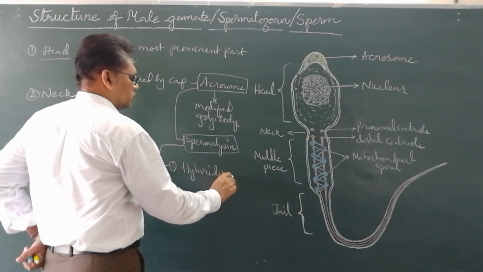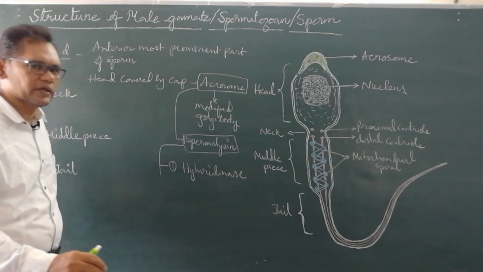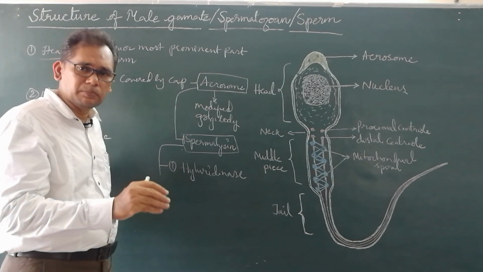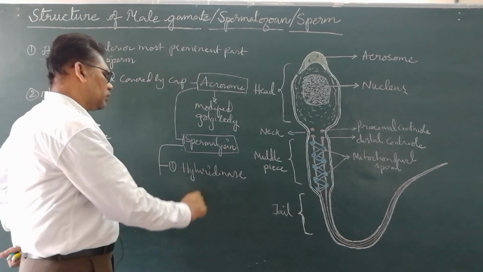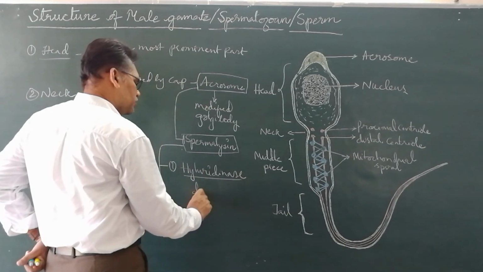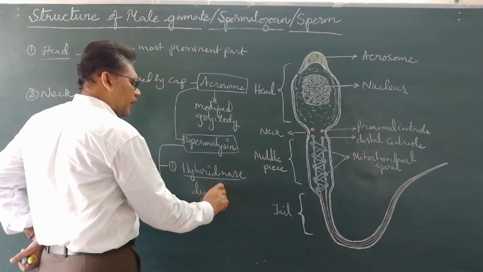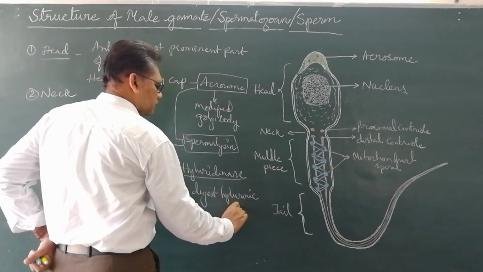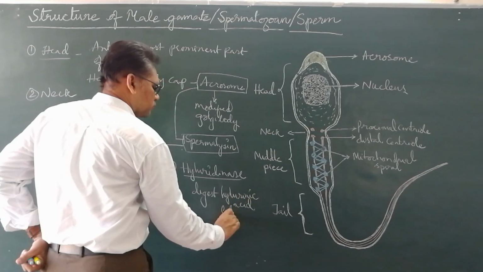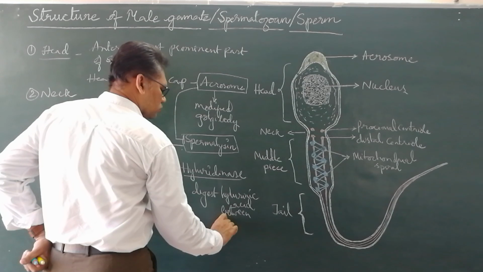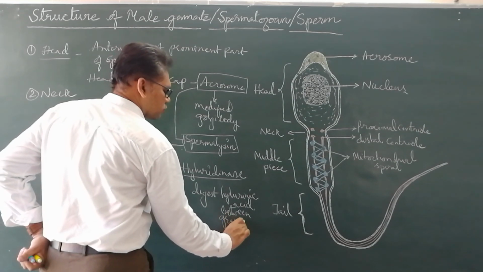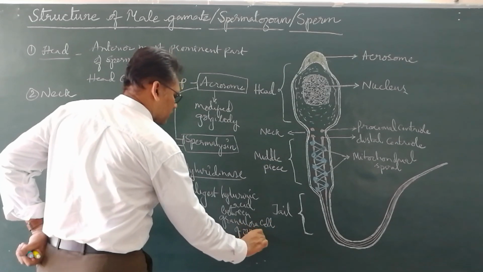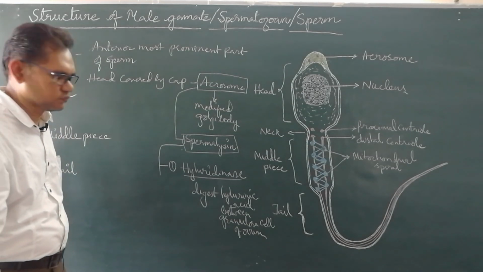Hyaluronidase digests the hyaluronic acid between the granulosa cells of the ovum. This is one spermlysin, one enzyme.